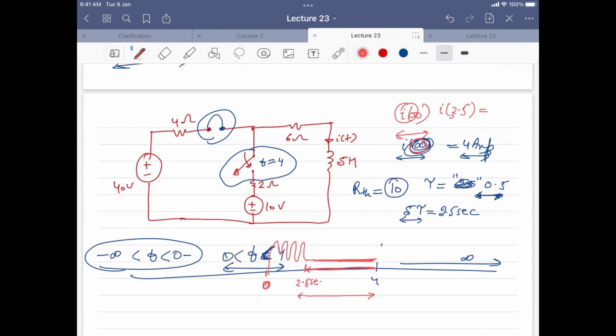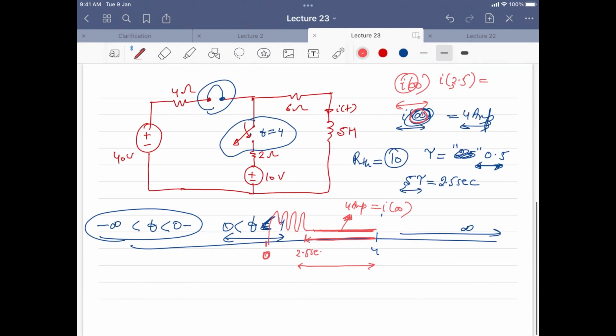So that settling current we have already evaluated, and its value is 4 amperes. Normally we write it as I infinity, just to correlate with the equation we derived for the inductor, which is iL(t) equals I infinity plus I0 minus I infinity times e to the power minus t by tau.